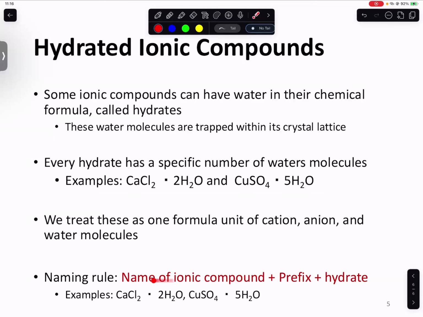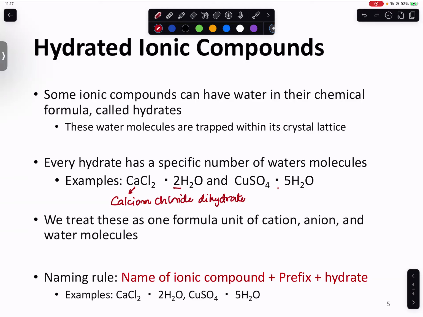Let's look at the examples I provided here. In the first, we have the ionic compound calcium, which has a non-variant charge, and then chloride. So calcium chloride, and then water is present in 2 molecules, so it becomes a dihydrate. Di indicates 2.